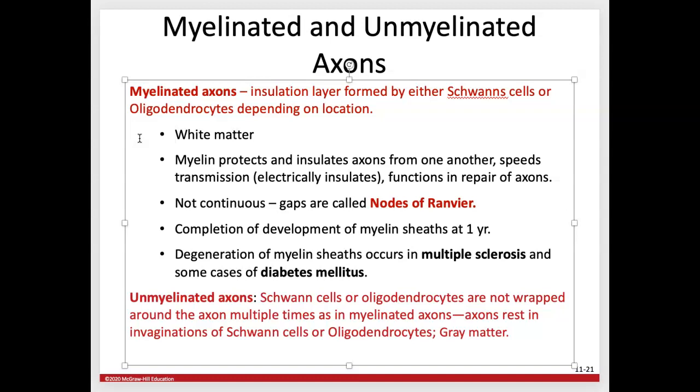We pointed those out in the image that you're going to have to label later. Myelin sheath is fully developed around 1 year of age, and a degeneration of myelin sheath occurs in MS, multiple sclerosis, and can also happen in some cases of diabetes.